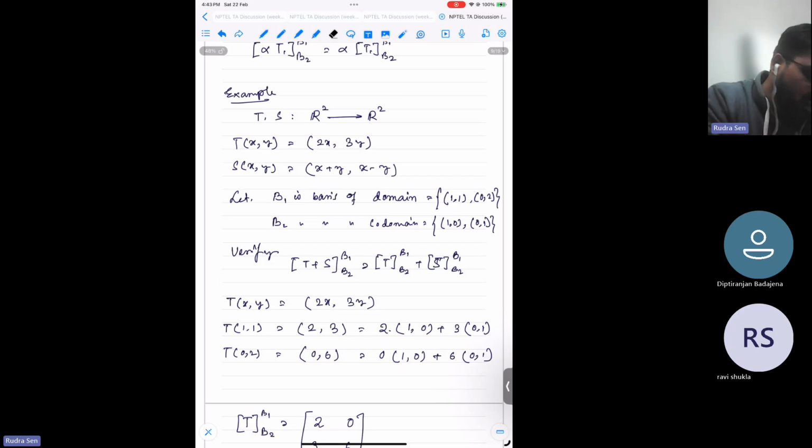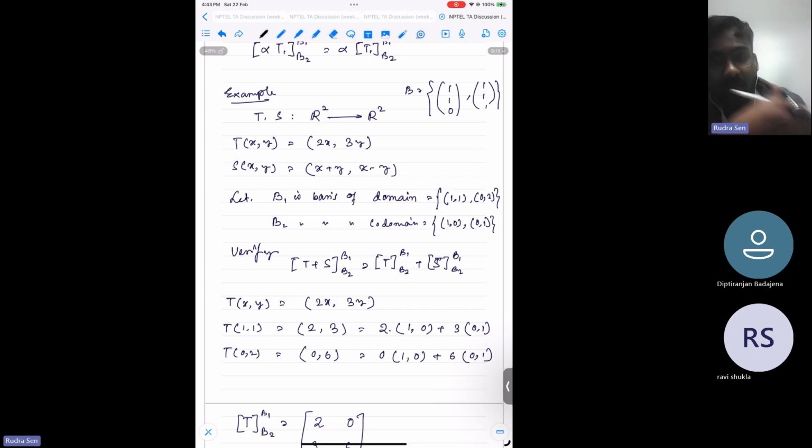Now, if I'm talking about R3 space, and I say the basis consists of, let's say, 1, 1, 0 and 1, 1, 1, can we say this is a basis? No, this is not a basis because the number is not exact. This is not a basis for R3 space.